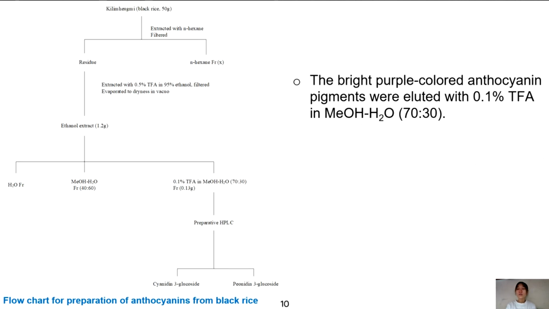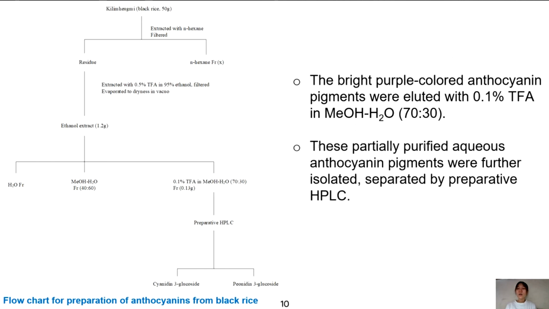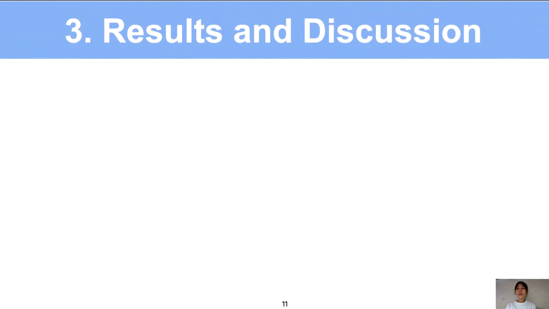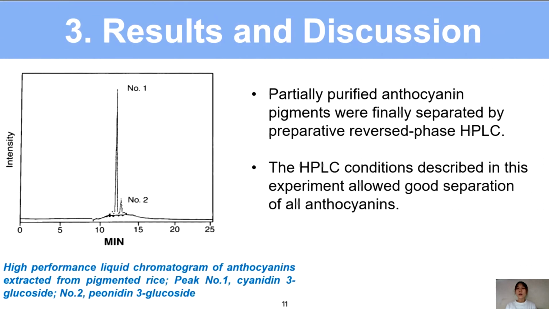Finally, these partially purified anthocyanin pigments were further isolated and separated by preparative HPLC in order to obtain cyanidin-3-glucoside and peonidin-3-glucoside. Let's move on to results and discussion.